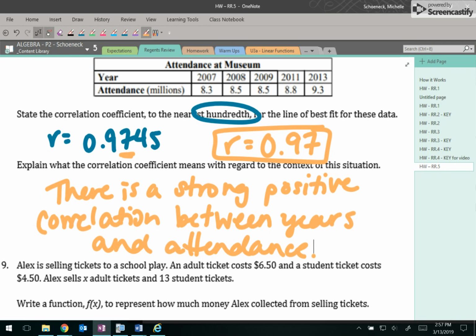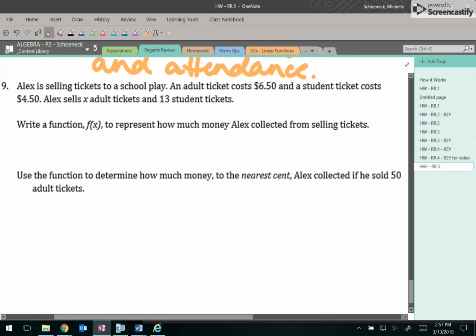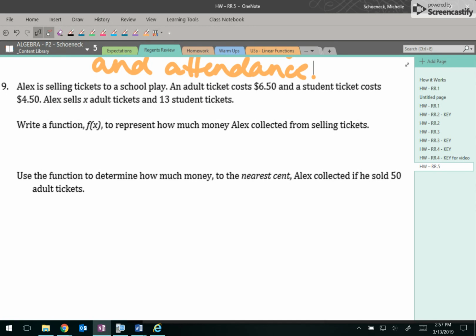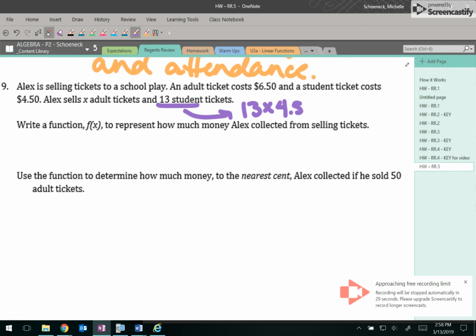All right. And number 9, Alex is selling tickets to a school play. An adult ticket costs $6.50 and a student ticket costs $4.50. Alex sells x adult tickets and 13 student tickets. So 13 student tickets means that he made 13 times 4.5 a piece, which is $58.5.